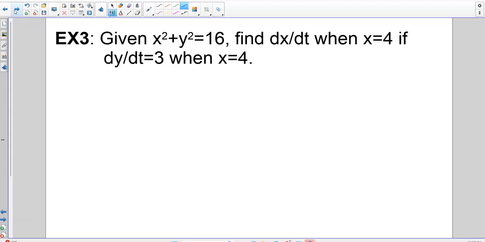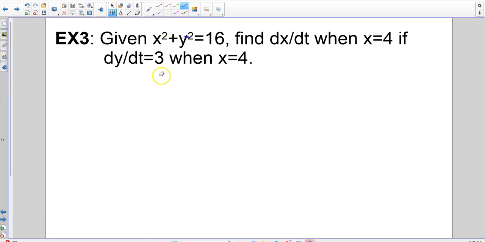Not much at all. We have x squared plus y squared equals 16. What is that the graph of? If we graphed it, what would it look like? Circle with a radius of, not 16, 4. Because that's x squared plus y squared equals radius squared, right? So this is the graph of a circle.